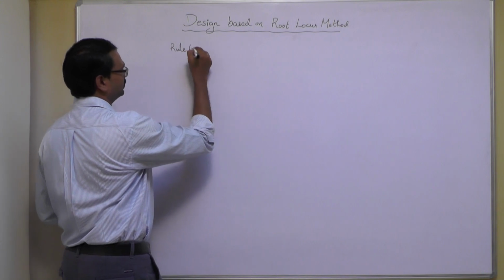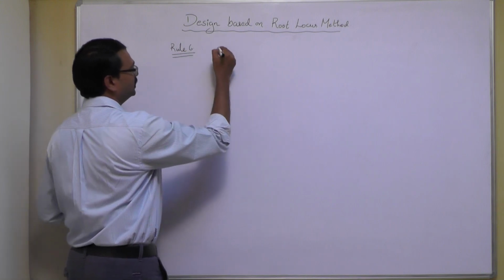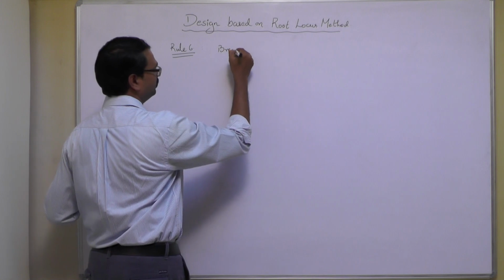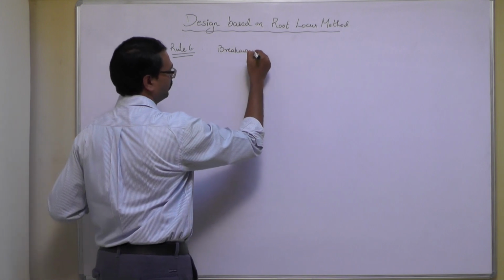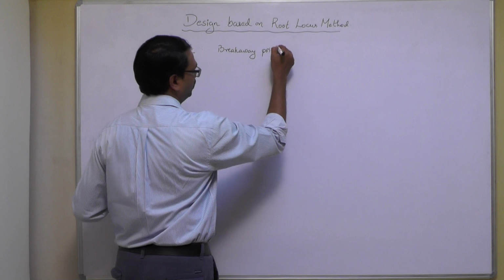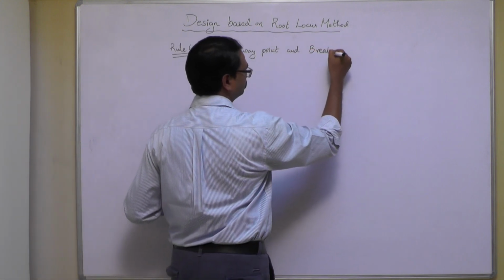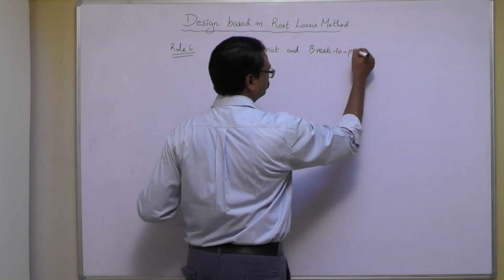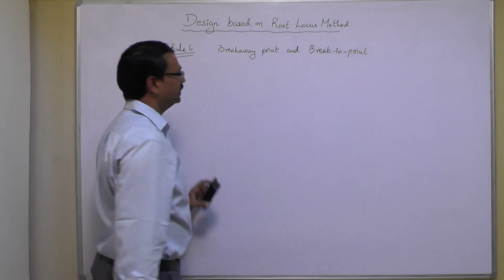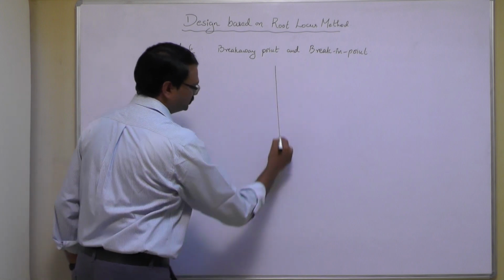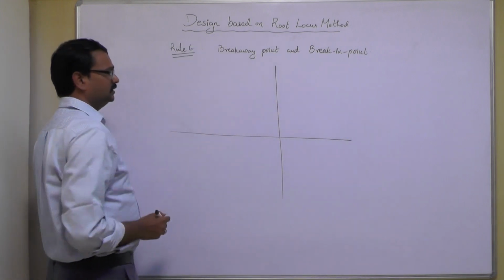Rule 6 gives us some information about the breakaway point and break-in point. Now this is again a simple system.